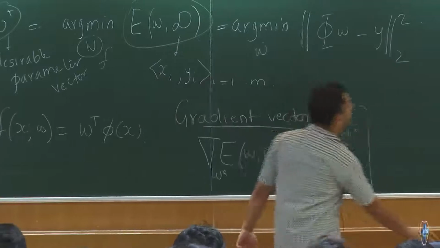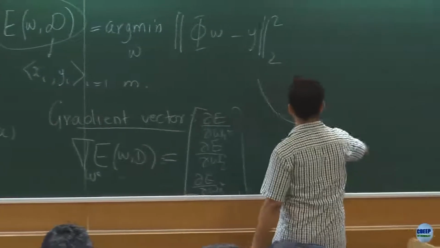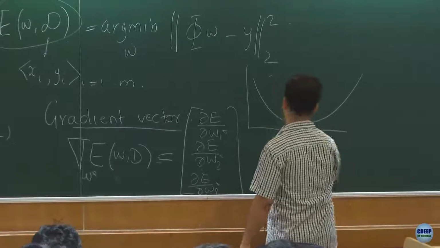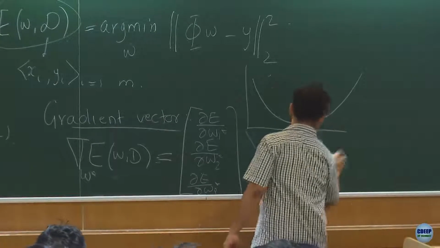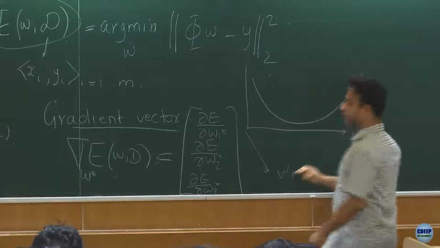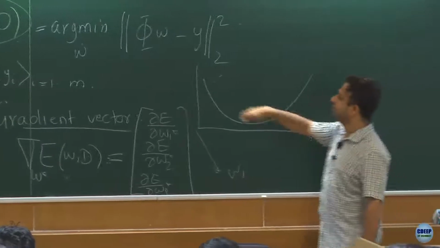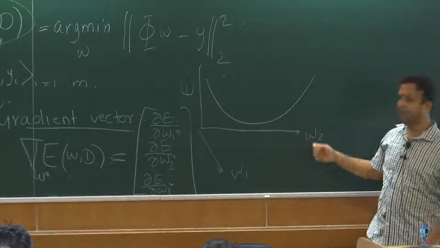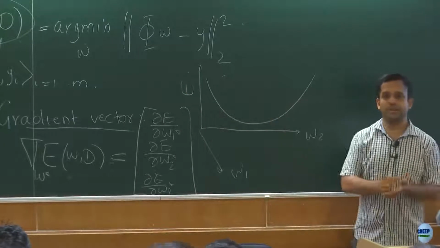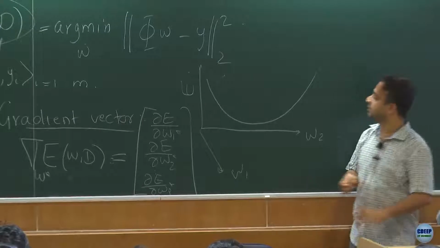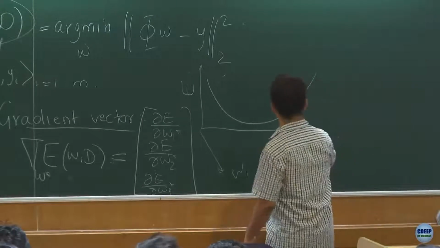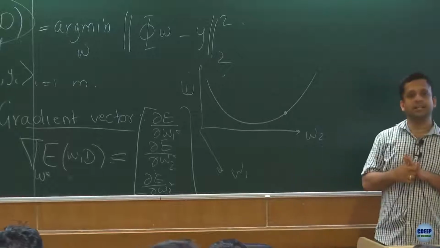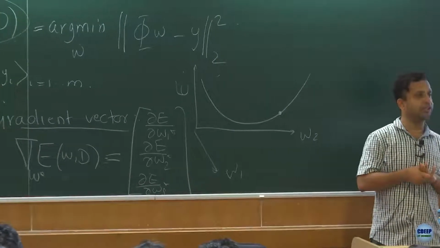So if you had a function E plotted in terms of multiple parameters W1 to WP, now E would have some shape. The gradient vector at some point, as I said, talks about both the magnitude and direction.